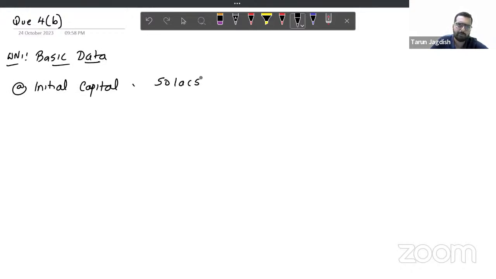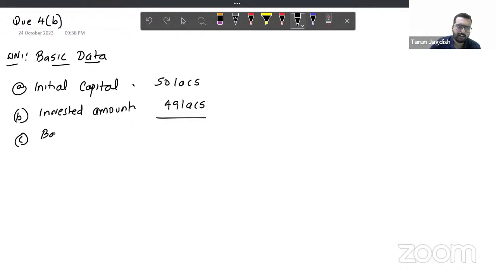What is the initial capital that is introduced? 50 lakhs. All right. From this, point number B, invested amount. So what is the invested amount that you have over there? Do you have 49 lakhs? So from this, can I get the balance of cash that you have right now?